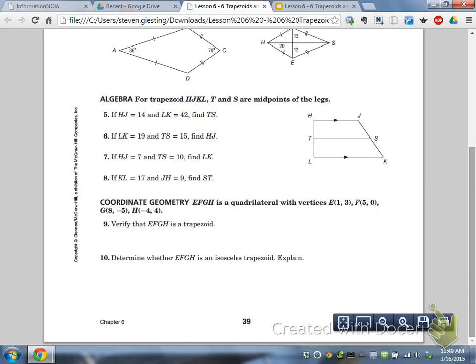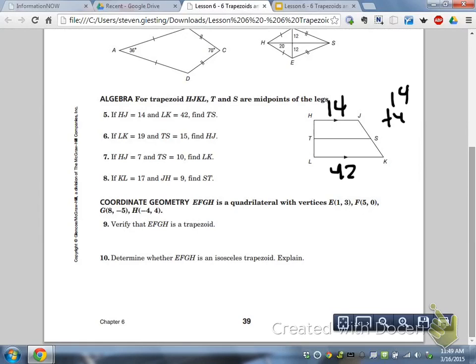Let's do a little algebra. For trapezoid HJKL, T and S are the midpoints of the legs. If HJ is 14 and LK is 42, how much is TS? You would do 56 divided by 2.